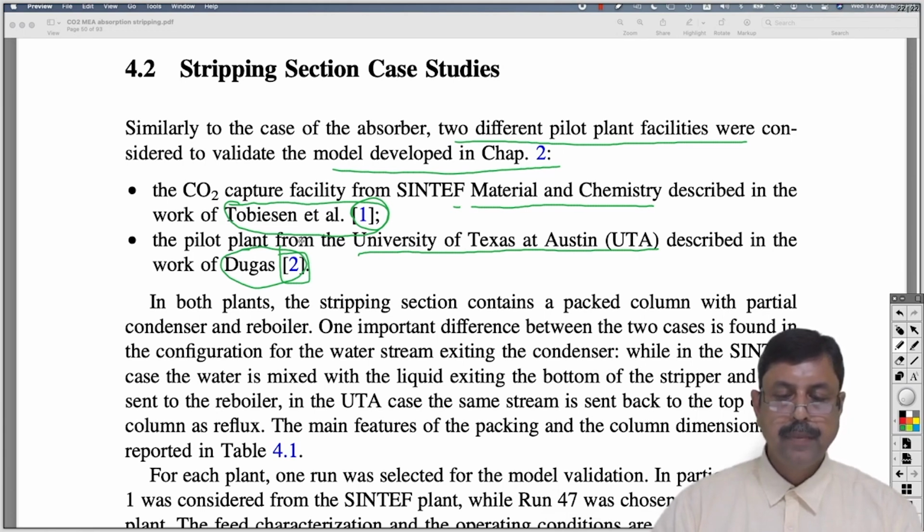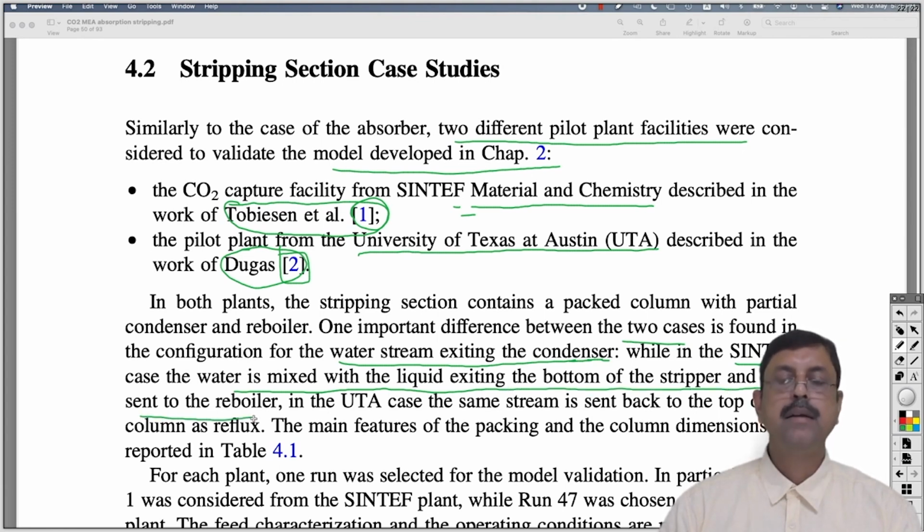What is the difference between the two cases? The difference is found in the configuration of the water stream exiting from the condenser. In the first case, in Sintef, water is mixed with the liquid exiting from the bottom of the stripper and then sent to the reboiler. So that means if we have a condenser over here in the column, this is the condenser and this is the reboiler.